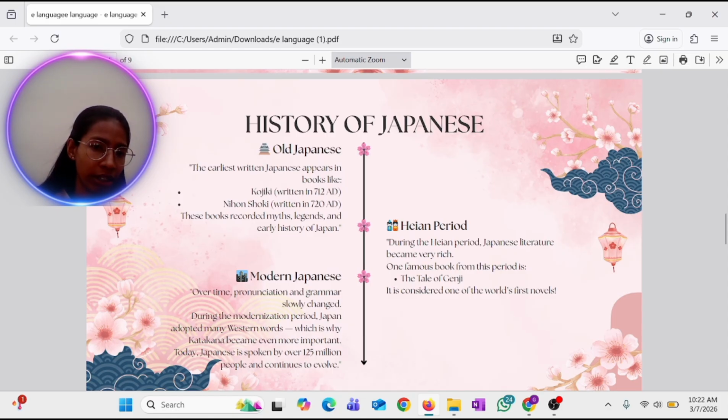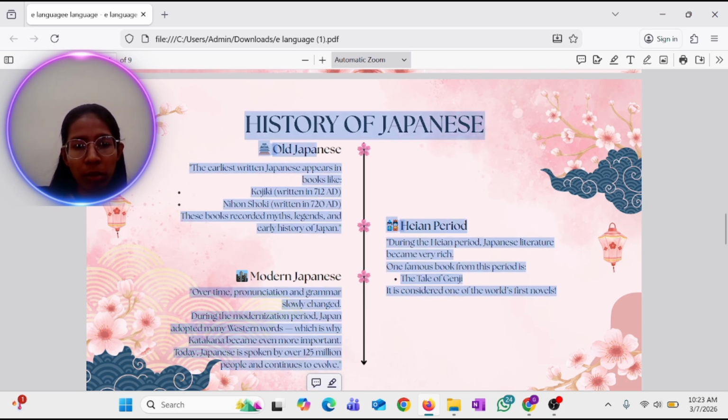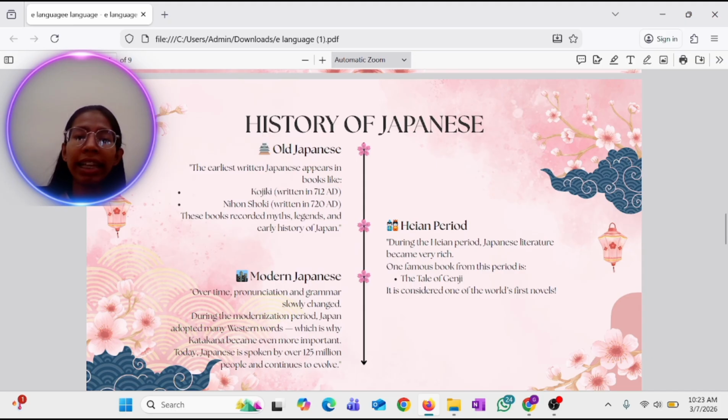There were two books written, Kojiki, and the second was Nihon Shoki. The first was written in 712 AD and the second in 720 AD. These books recorded myths, legends, and early history of Japan. This was the oldest Japanese book, and the characters known as kanjis, Chinese characters brought from China, were written in it.